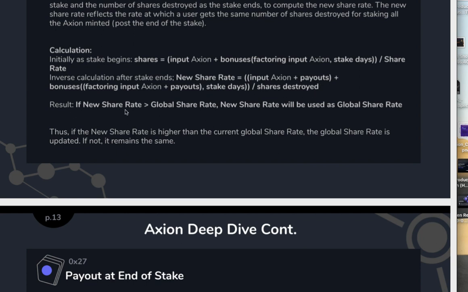Result: if the new share rate is greater than the global share rate, the new share rate will be used as the global share rate. If not, it remains the same.